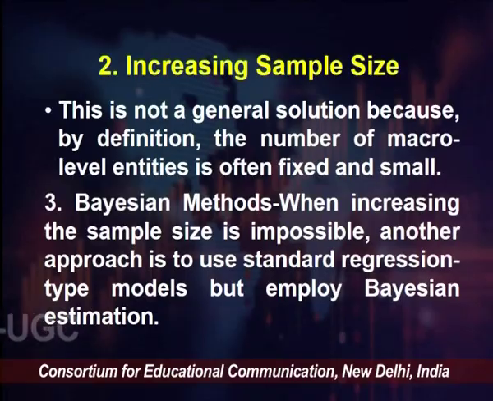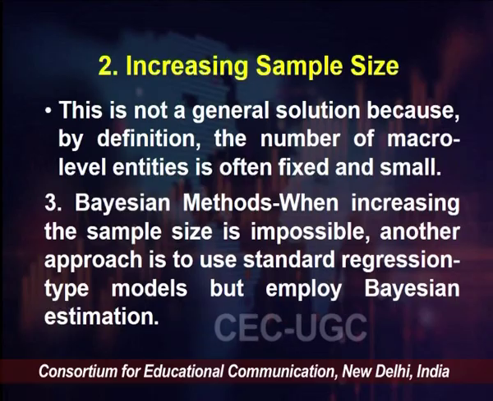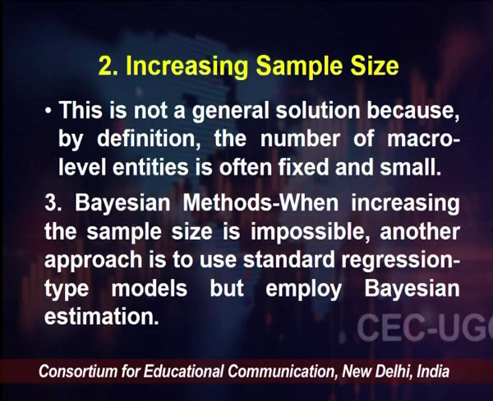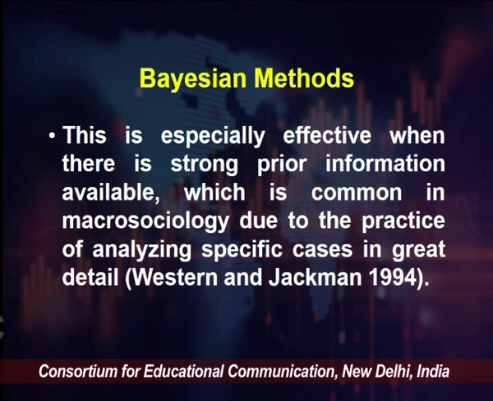challenges of macrosociology is the Bayesian method. When increasing the sample size is impossible, another approach is to use standard regression type models, but employ Bayesian estimation. This is especially effective when there is strong prior information available, which is common in macrosociology due to the practice of analyzing specific cases in great detail, and this has been referred to in the work of Western and Jackman 1994.